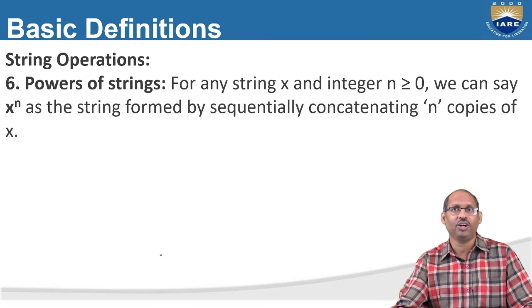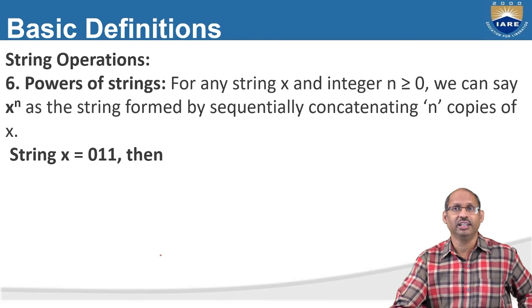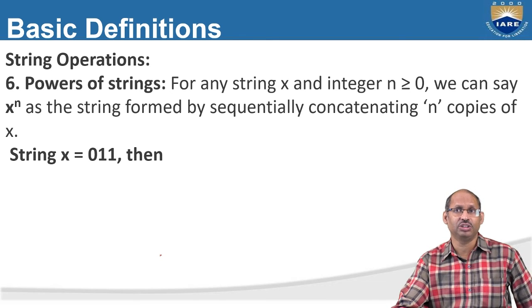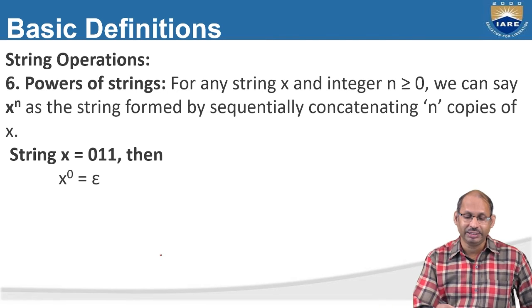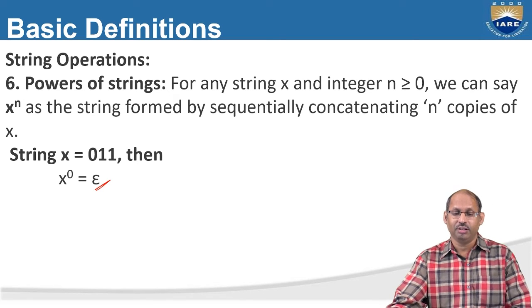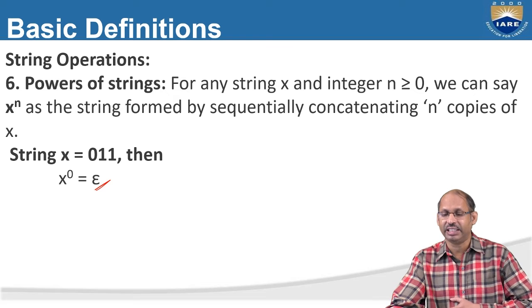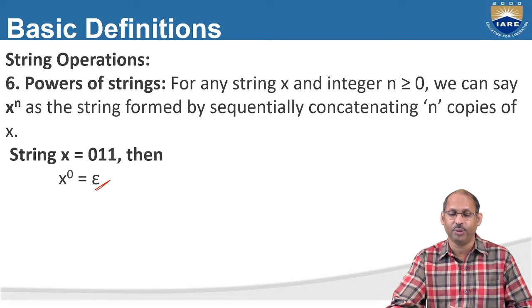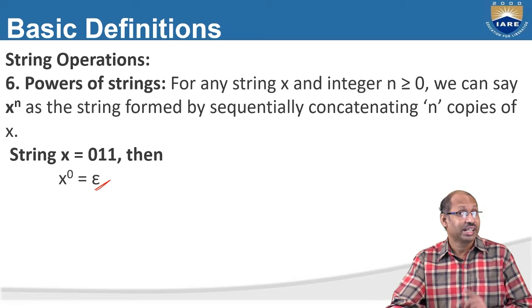Then string operations. Power of a string. If string x equals 011, then x power 0 means length 0, which is epsilon. For any string x and integer n, x power n is the string formed by concatenating n copies of x.